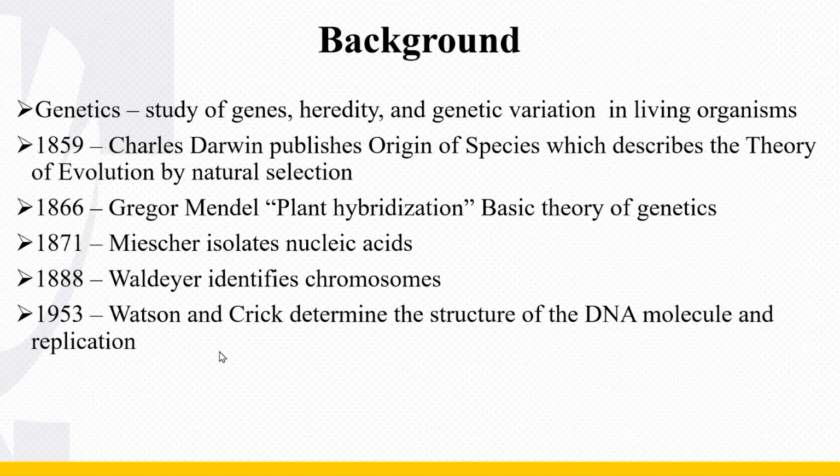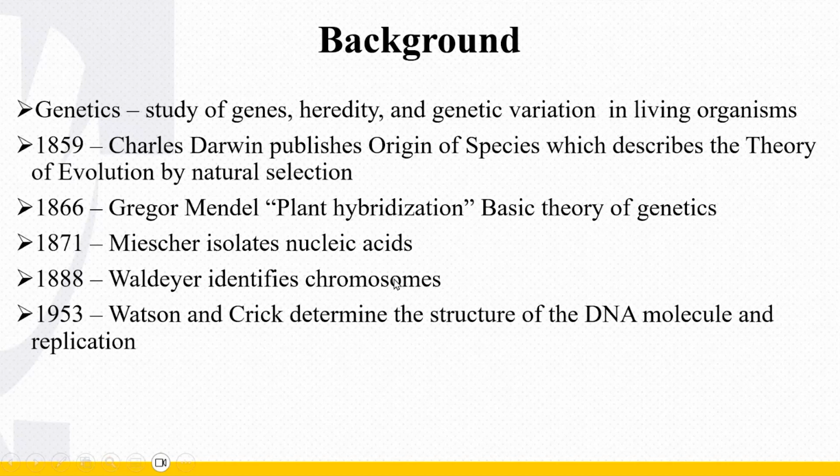So just a look at a little bit of the background of genetics, and we've already mentioned Darwin talking about natural selection. We have Gregor Mendel, who came up with the basics of the theory of genetics. He is considered the father of genetics. Next, some of these other scientists isolated these nucleic acids.